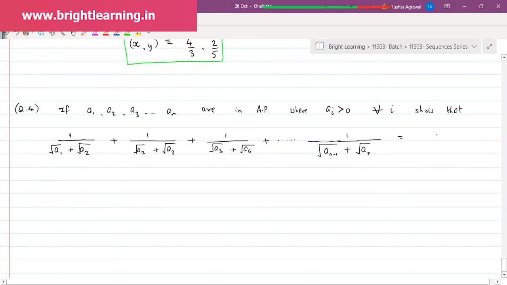This is equal to n minus 1 upon under root a1 plus under root an. Prove.